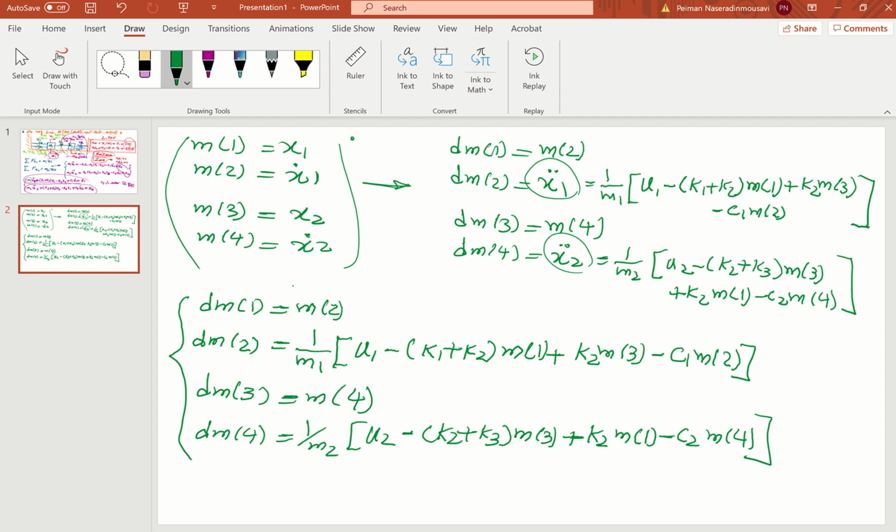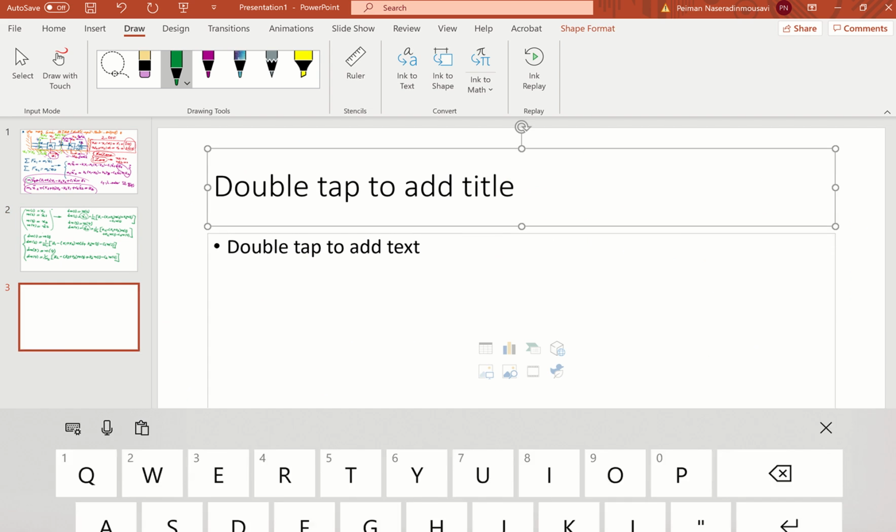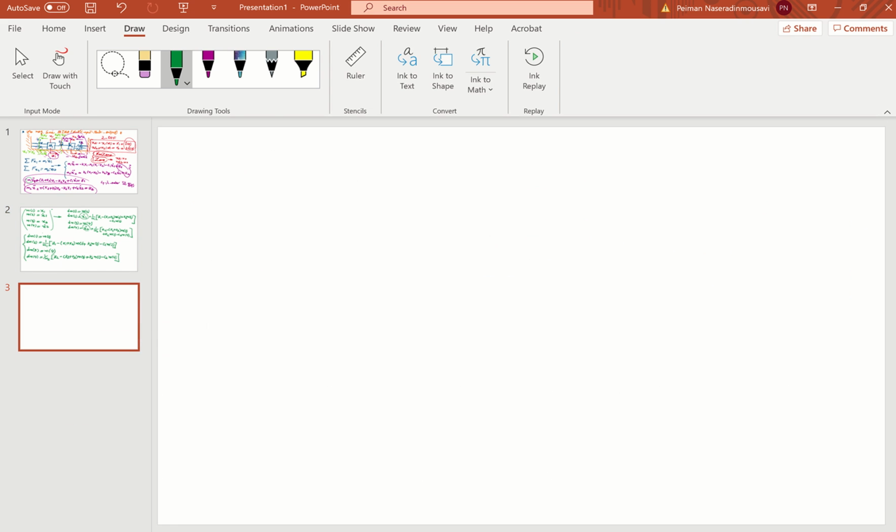So if I write this in the matrix form, why? Because at the end of the day, this is the LTI system. I'm gonna teach you the LTV system at the end of this course, if you have time in this semester. So we have to generate x dot equals Ax plus Bu, or here, because our state variable is m, m dot equals Am plus Bu.